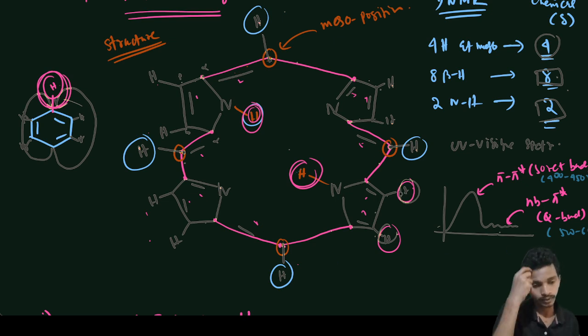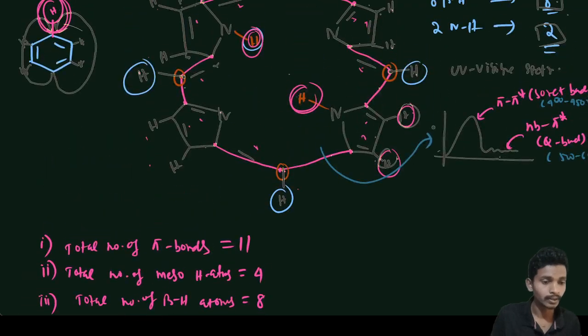Okay, this is the structure, and you will get the UV-visible spectrum in this form. Now if I add metal ions to it, then what happens? The metal ions will do electronic transitions with the non-bonding electrons, so the Q band will disappear and you get only the Soret band.